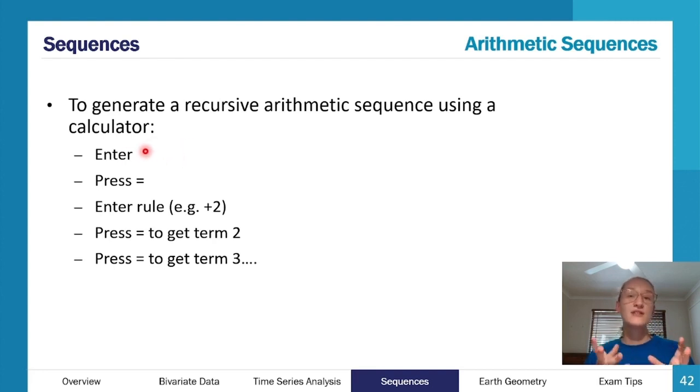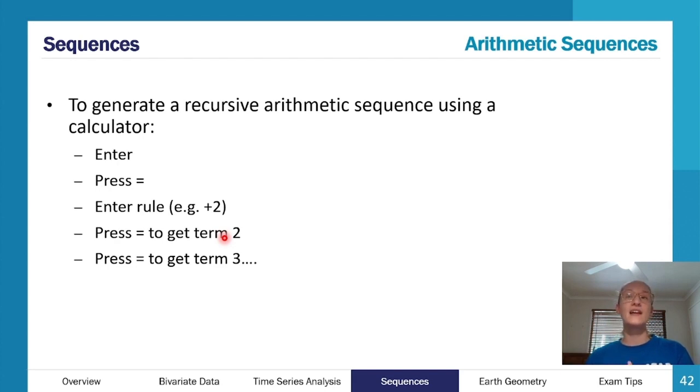That's your T1, term 1, starting point, whatever you want to call it. Then you press equals, and then you enter your rule, which, because it's an arithmetic sequence, will be plus something or minus something. For example, it could be plus 2. And then you press equals, and that'll give you your second term.